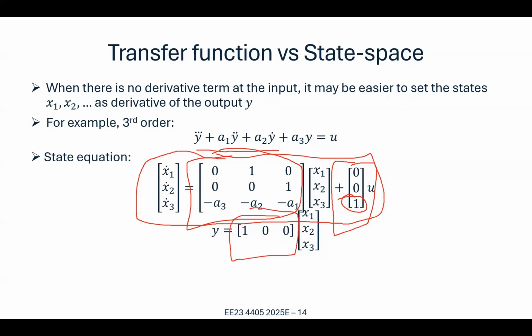So state space could be like this, or could be another state space, depending on the methods we used, depending on how we distribute the values among the matrices. So for one transfer function, again, there could be many state space representations, well, infinitely many even. Yeah. So please pay attention.